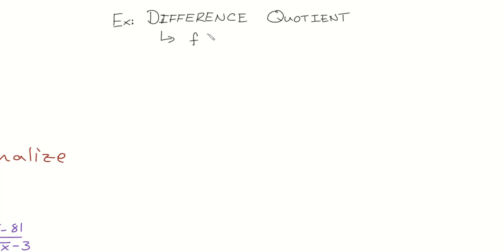F of x plus h minus f of x, all divided by, and if I wanted to do this out like it were the average rate of change, or just any rate of change, it would be x plus h minus x, right? That's what would have to correspond in the denominator. If we did x plus h minus x, it'd just be left with h.